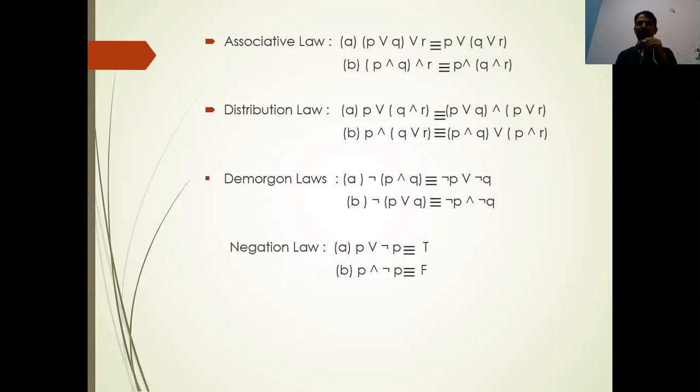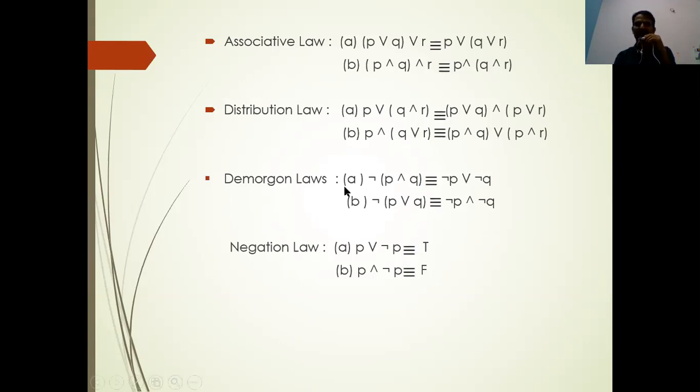Distributive law: P or (Q and R) is equal to (P or Q) and (P or R). Similarly, P and (Q or R) is equal to (P and Q) or (P and R).